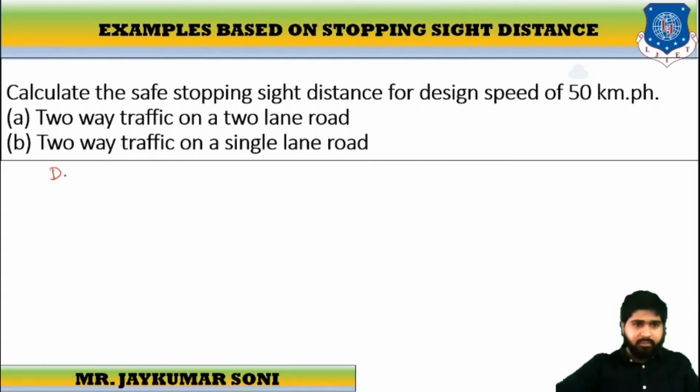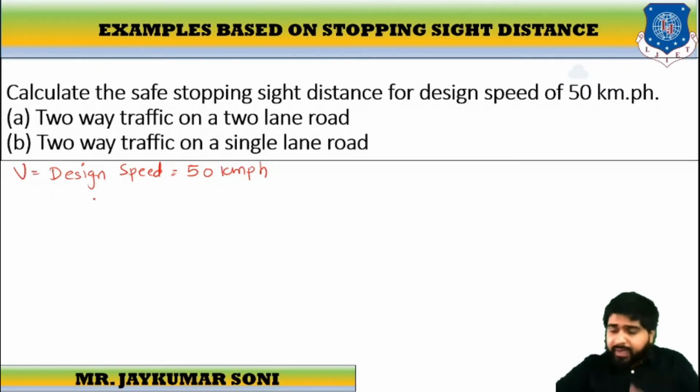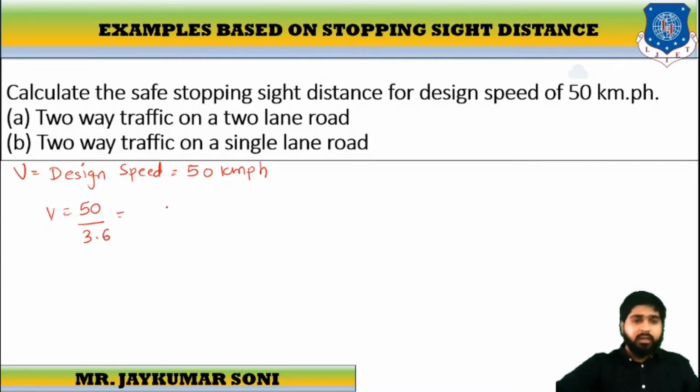Design speed is 50 kmph, and this is called capital V. To calculate the speed in meter per second, I have to divide the kmph speed by 3.6, and I will get the speed in meter per second, which will be 13.9 meter per second.